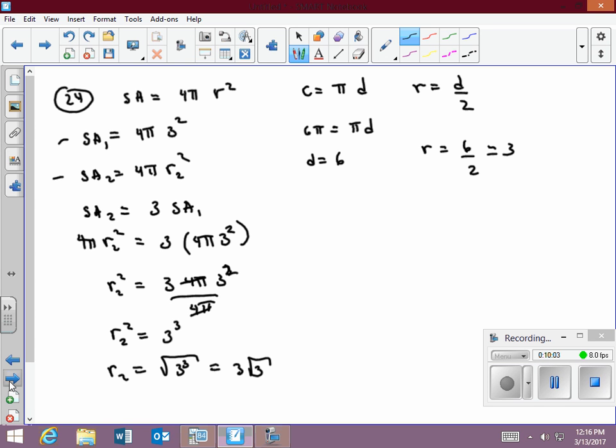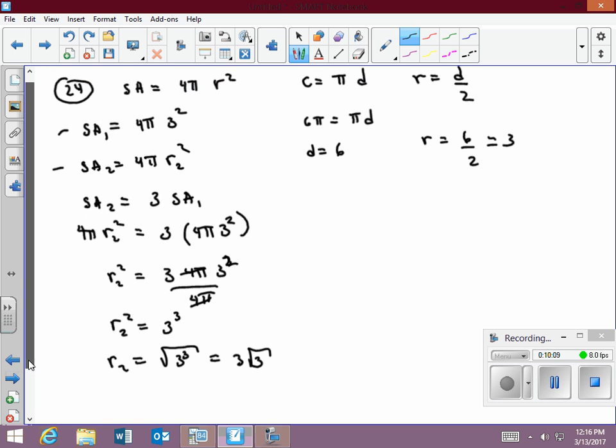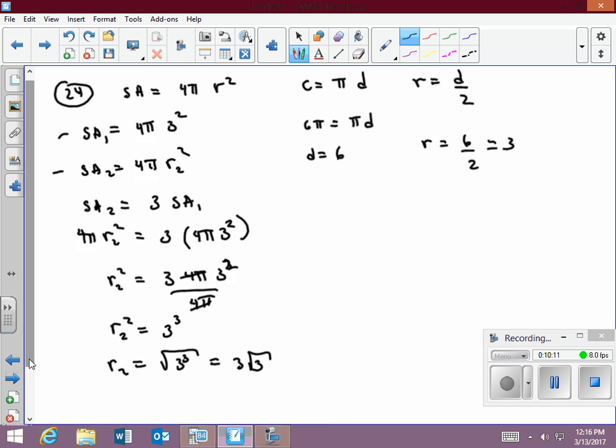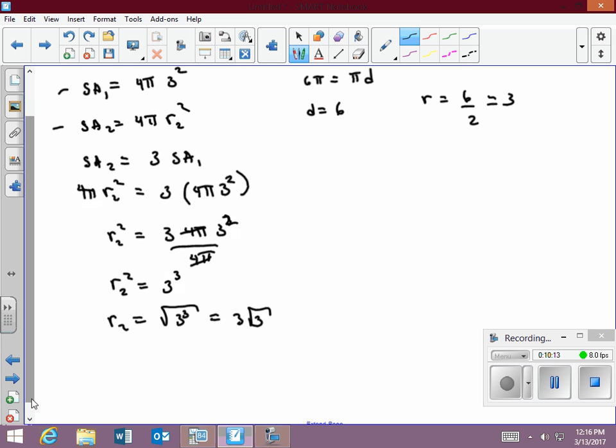How much does the circumference have to be increased? So what we do is circumference 2 minus circumference 1 is what we're calculating. Circumference 2, the diameter 2 is 2 times 3 square root of 3.